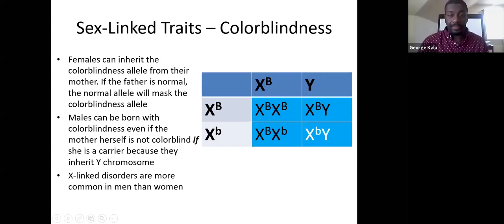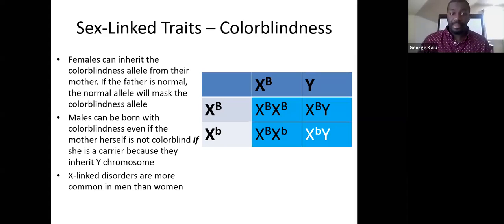Okay. So females are capable of inheriting the color blindness allele from either of their parents.